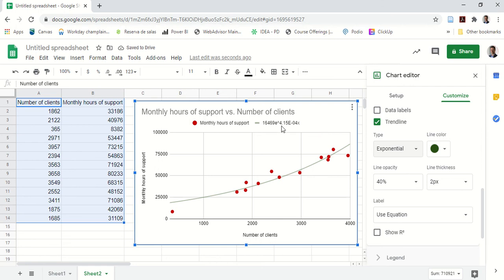And so we have this 16,469 e to the power of 4.15 times 10 to the power of minus 4, which is a very complicated equation actually to work with.